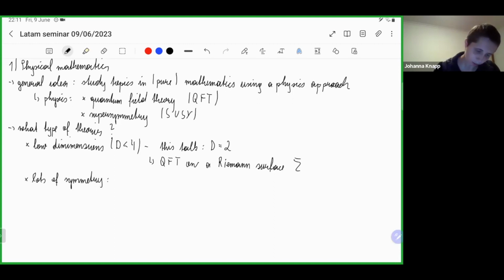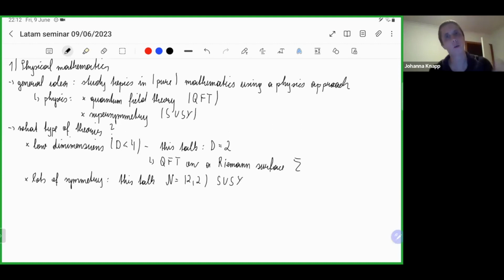So again, in this talk, we will have a lot of supersymmetry, and usually this is denoted by N = (2,2) supersymmetry. So for those people who haven't seen that, we have a QFT on a Riemann surface. We put complex coordinates on it that defines a holomorphic and anti-holomorphic, or left and right moving sector. And we have 2 supersymmetries in the left moving sector, and 2 supersymmetries in the right moving sector.